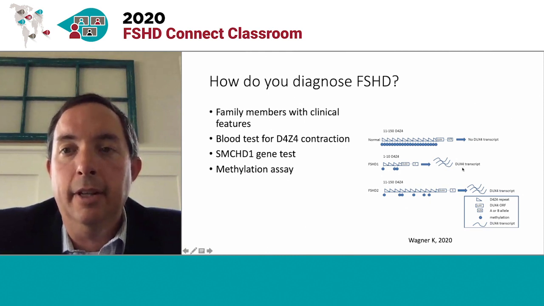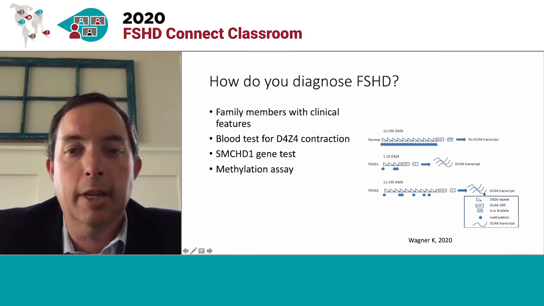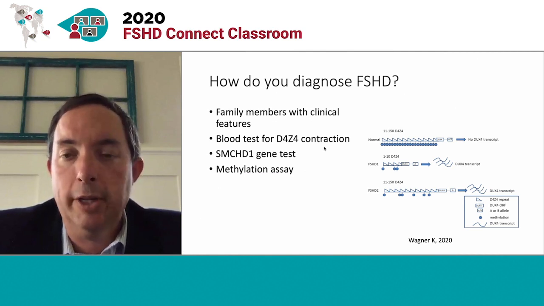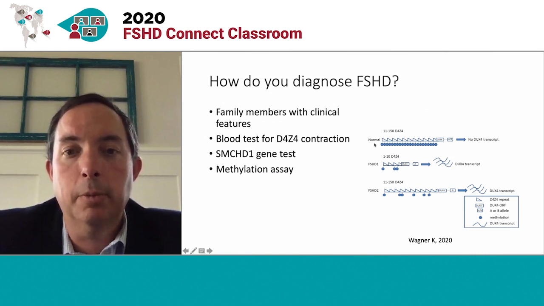At the end of the day, the result is the same in that DUX4 transcript is released, causing damage to muscle tissues. So most people, particularly with FSHD1, will start with that D4Z4 contraction, and that will provide the diagnosis of FSHD1.